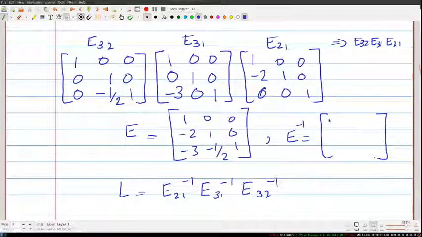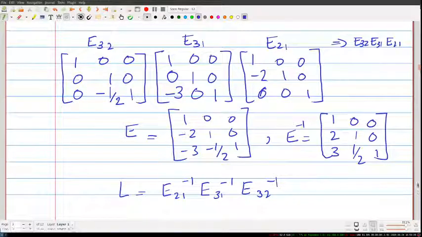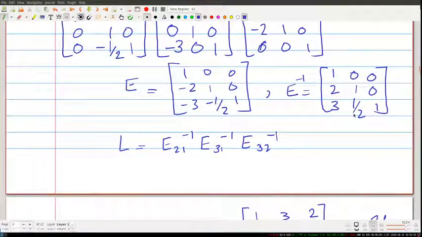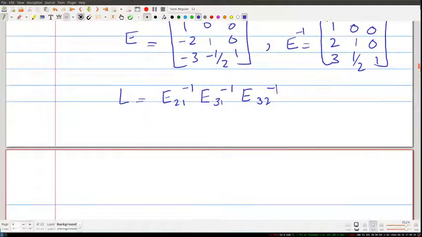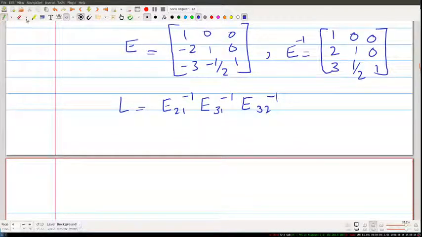If I change these signs, the row operations will be inverted. So 0, 0, 0. This is 2, this is 3, this is half. So L, my friends, has become, okay, so L is equal to E inverse, and so this is the L matrix.